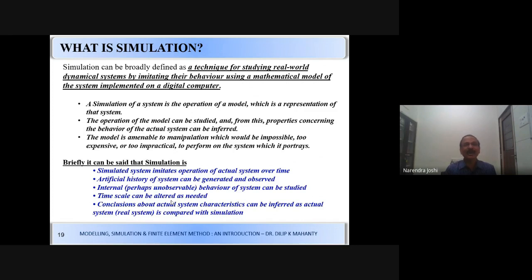So to do that, instead of making a physical model, we try to simulate through different methods. It can be broadly defined as a technique for studying real-world dynamical systems by imitating their behavior using a mathematical model of the system implemented on a digital computer.